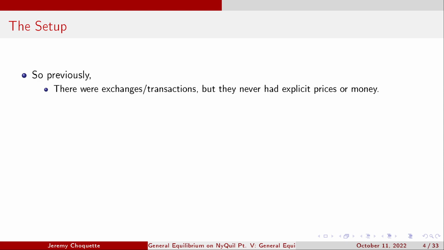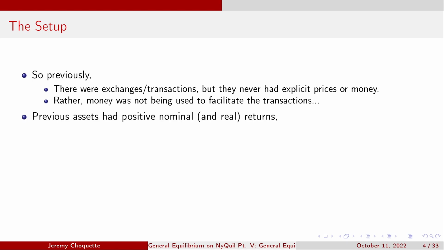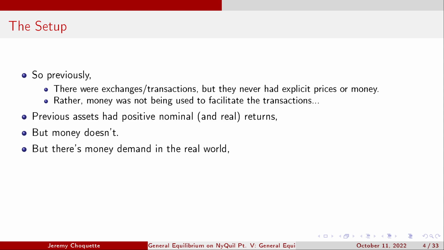Okay, so previously, there were exchanges and transactions with the previous models that we did, but they never had explicit prices. They didn't have money in either. Rather, money wasn't being used to facilitate the transactions. The previous assets had positive nominal and real returns, right? If we had capital, the investment in capital would have a positive nominal and real return.